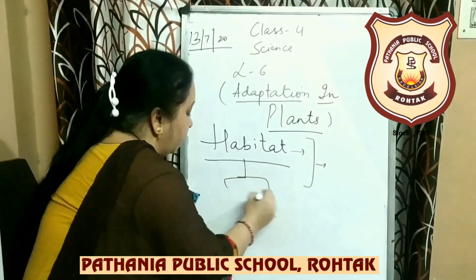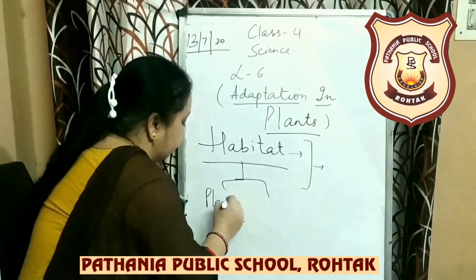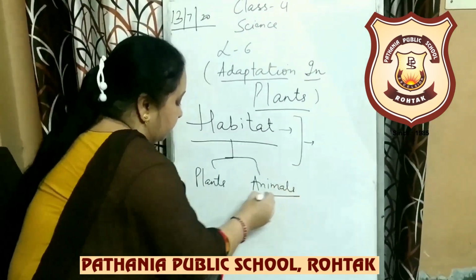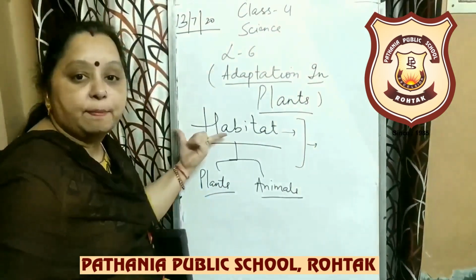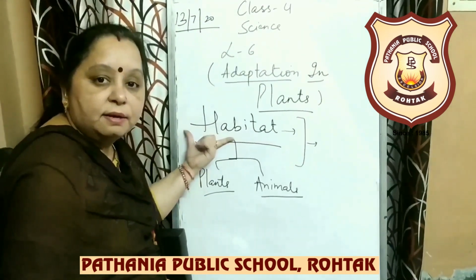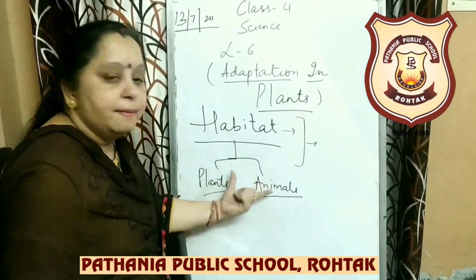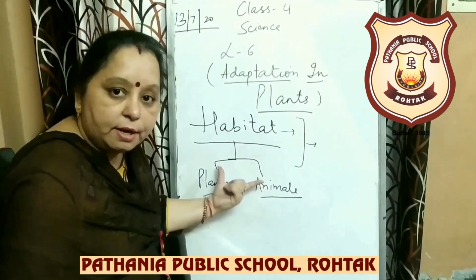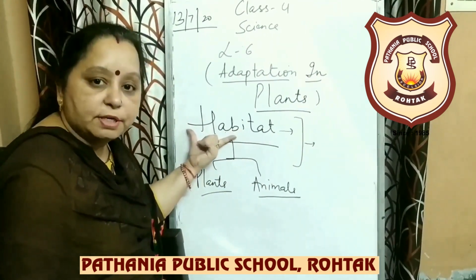Okay, plant or animal habitat. So habitat is the place where a plant or animal lives and grows. Okay, so this is the habitat.